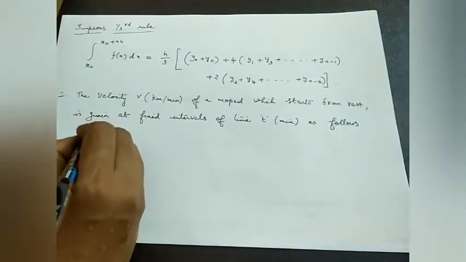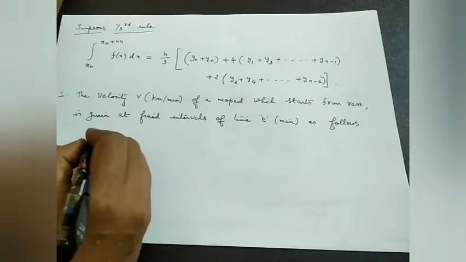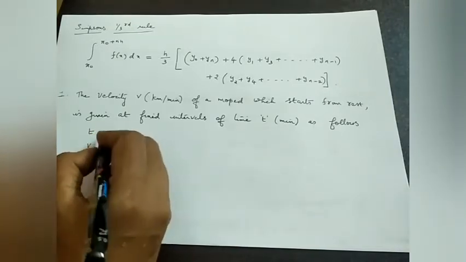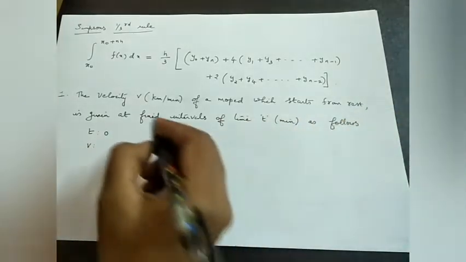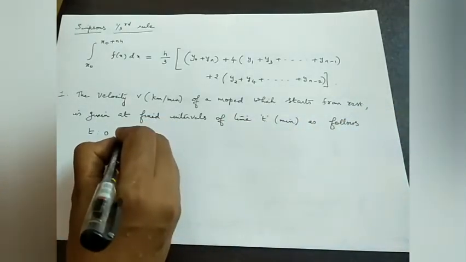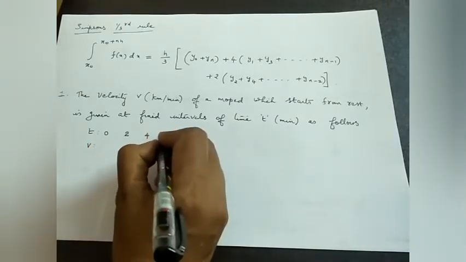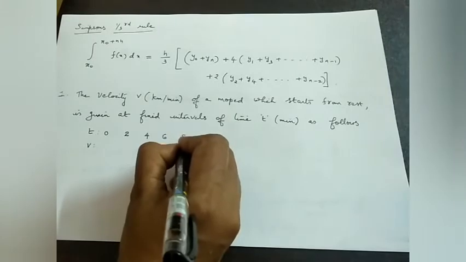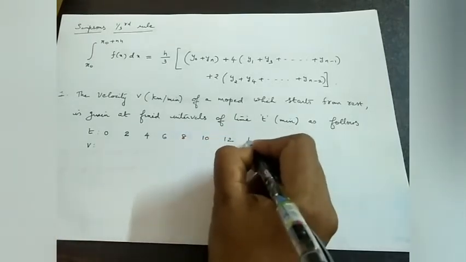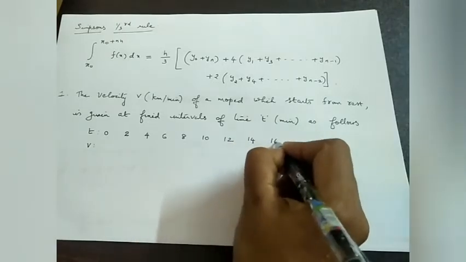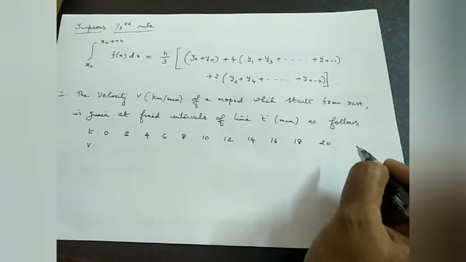The values of t are: first value 0, which means it starts from rest. Then 2 minutes, 4, 6, 8, 10, 12, 14, 16, 18, and finally 20 minutes.